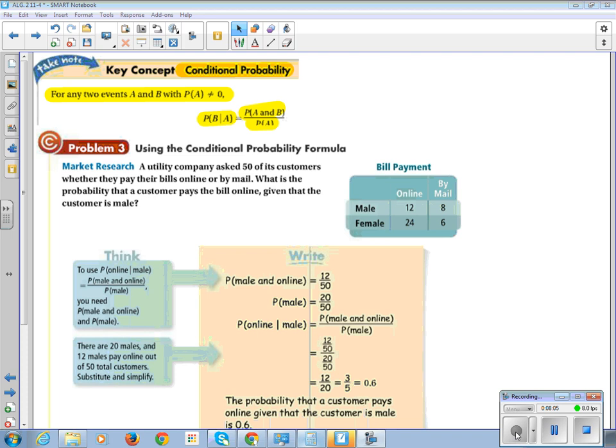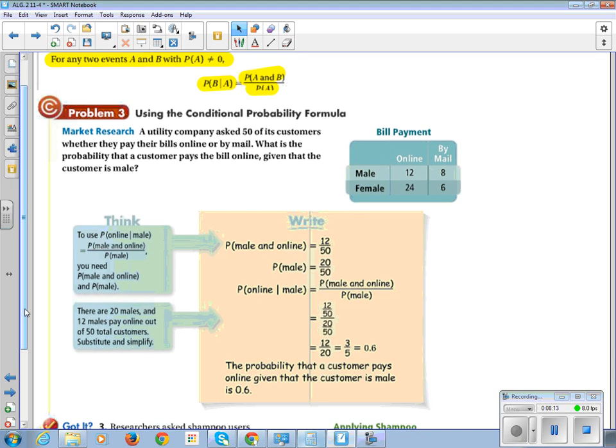All right, so we're going to look at a problem together and then see how this applies to particular problems. A utility company asked 50 of its customers whether they pay their bills online or by mail. What is the probability that a customer pays the bill online given that the customer is male?